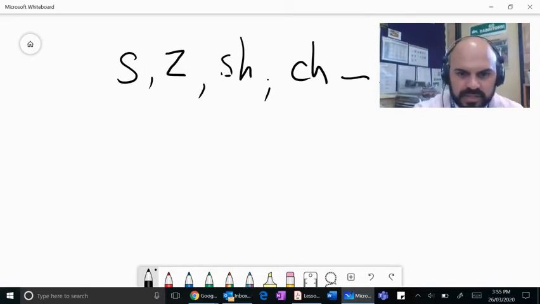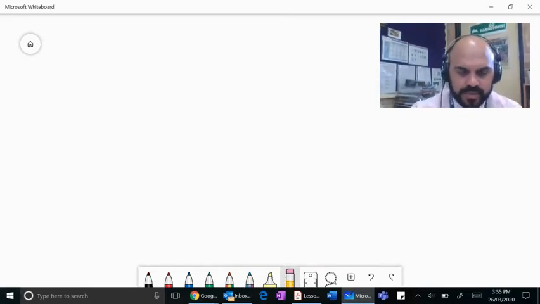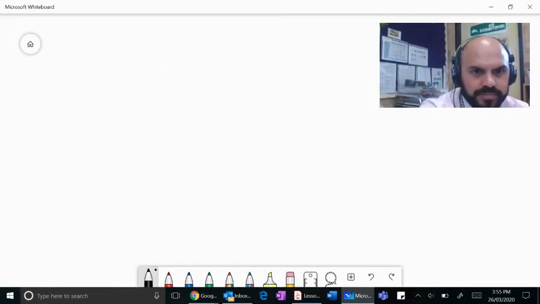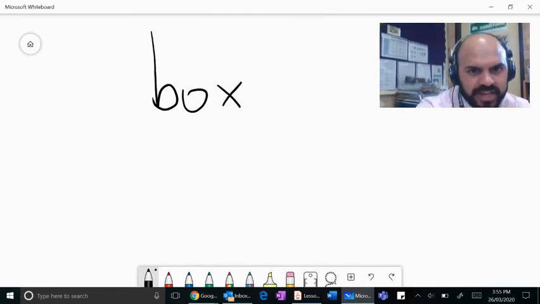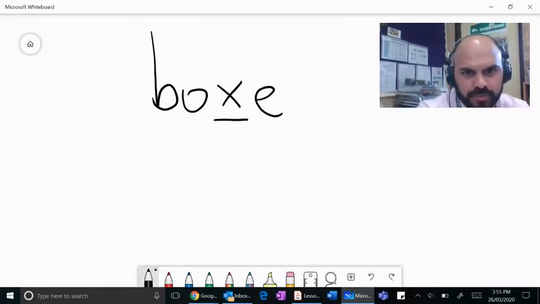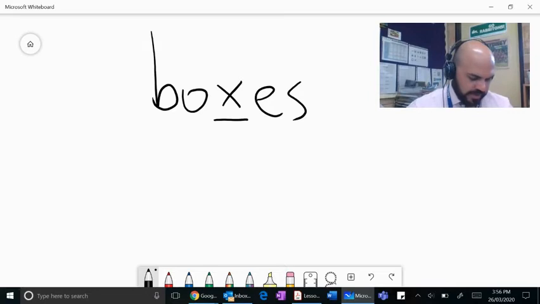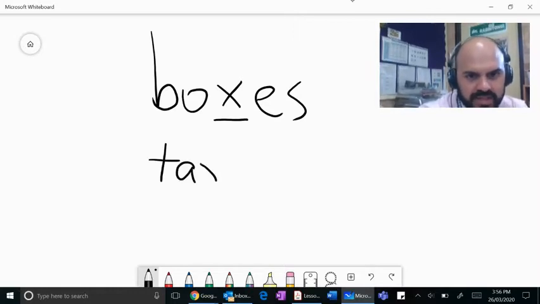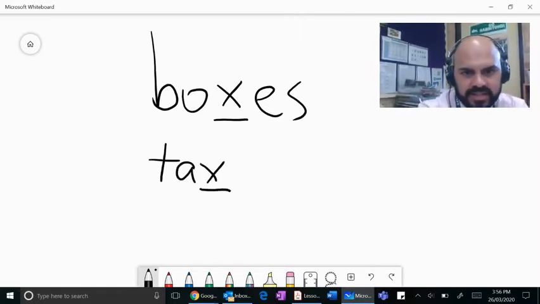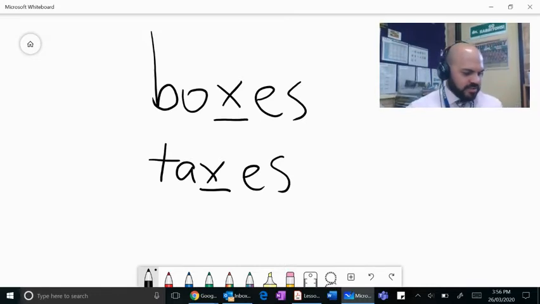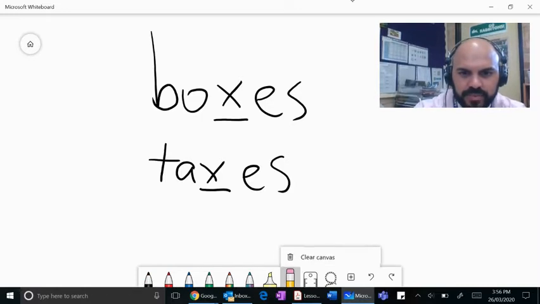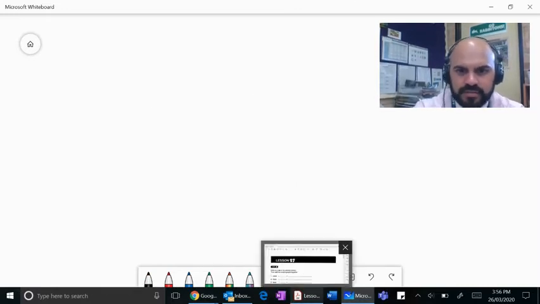So let's have a look at this rule applied. Let's have a look at the word box. Now, box ends in X, which means to make it a plural, we need to add an ES. Let's have a look at another word. If we wanted to say we have more than one tax, again, it ends in an X, so we add an ES to the word to make it taxes.